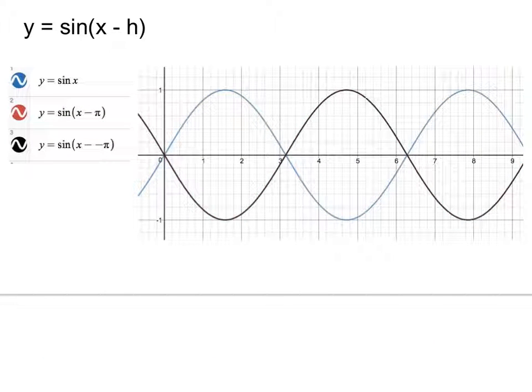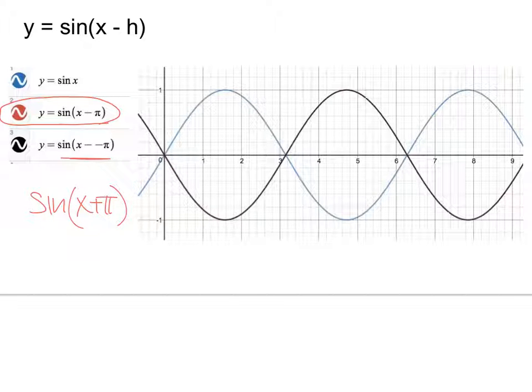Okay, here I kept the sine of x minus pi because the next one is sine of x plus pi. So that really means that we're shifting it a negative pi, that is left in a negative direction.